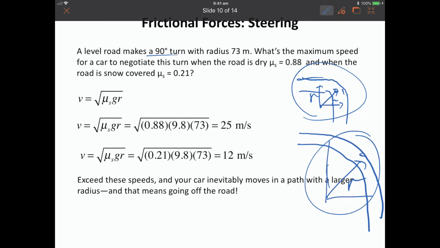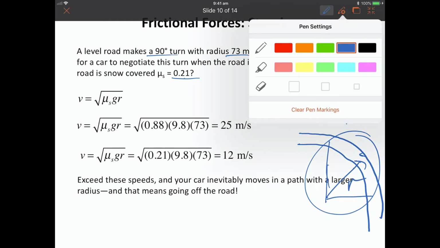Makes sense now? It's all about this. Now the radius is 73 meters. What's the maximum speed? When the road is dry, you can use this one. And when the road is wet, the coefficient of friction drops from 0.88 to 0.21, which substantially reduces it. Can you see it? Now let's do it.